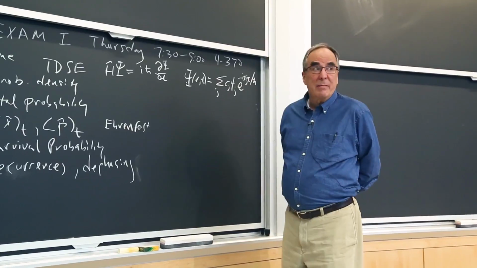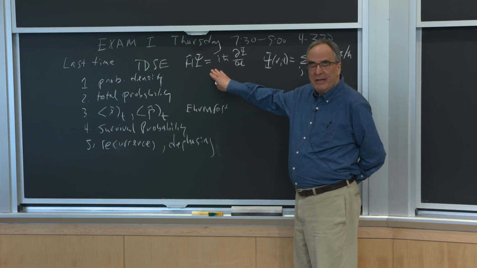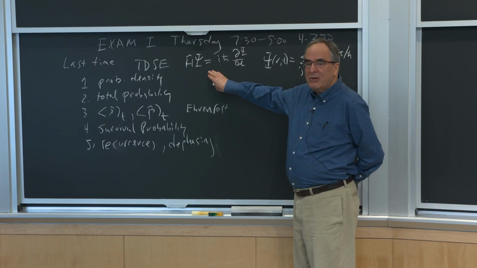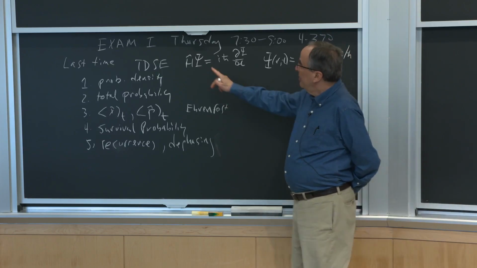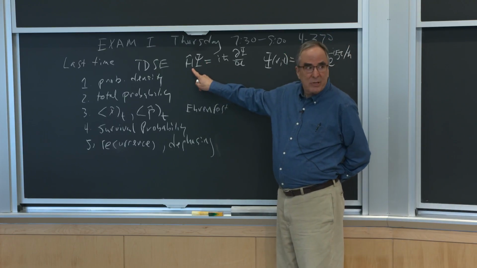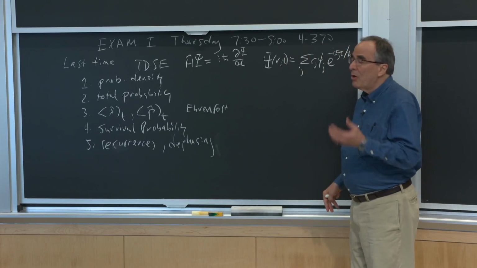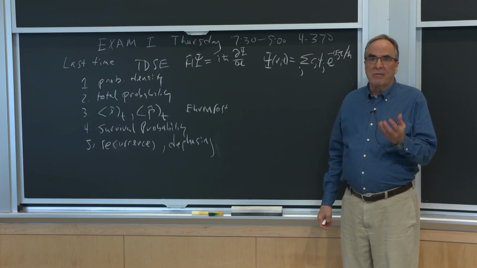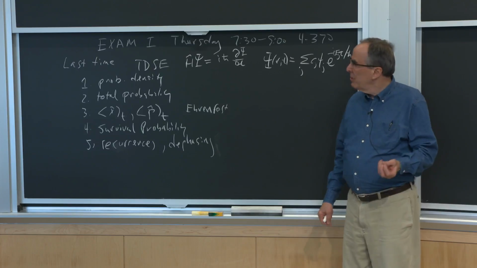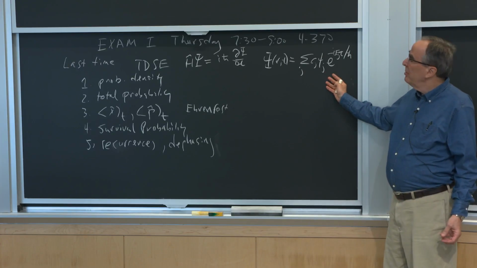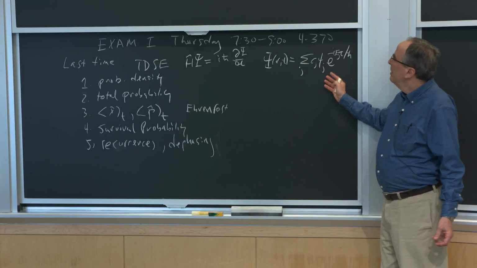Okay, so last time we talked about the time-dependent Schrodinger equation. It's a simple-looking little thing. Remember, though, it's an extra level of complexity on what you already understand. Now, in the special case when the Hamiltonian is time-independent, if you know all of the energy levels and wave functions for the time-independent Hamiltonian, you can immediately write down the solution to the time-dependent problem.